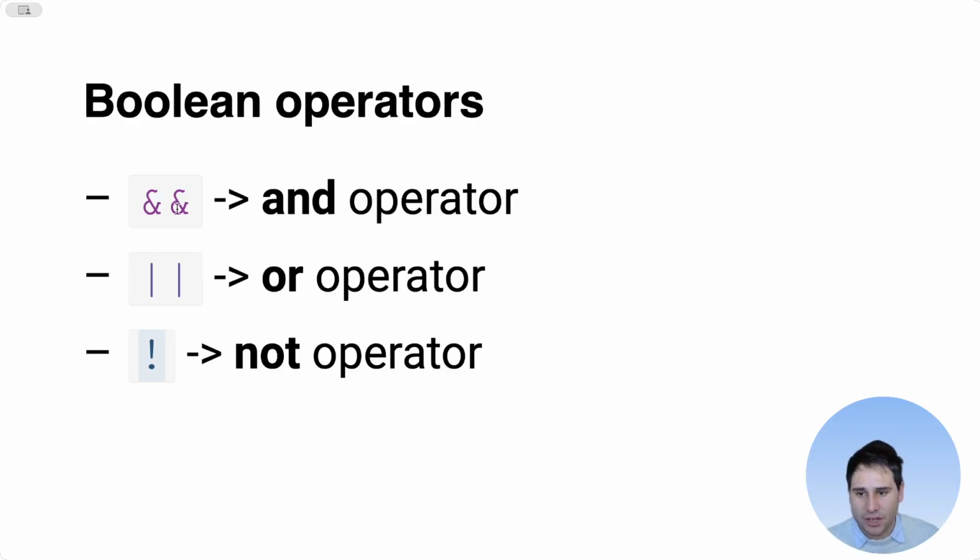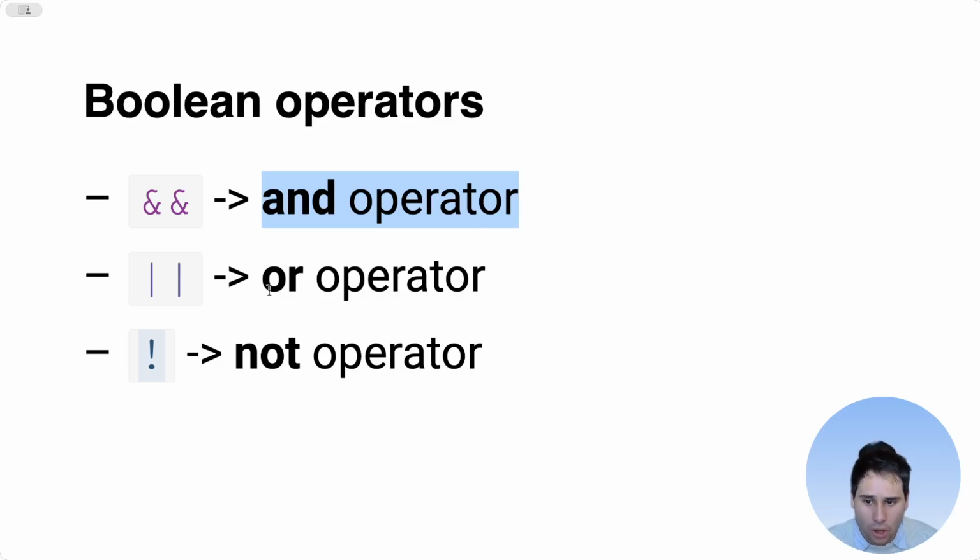First up is the AND operator, which you use two ampersands next to each other to invoke. So this basically means: is the Boolean condition on the left and the Boolean condition on the right both true? Only then will the final evaluation be true.